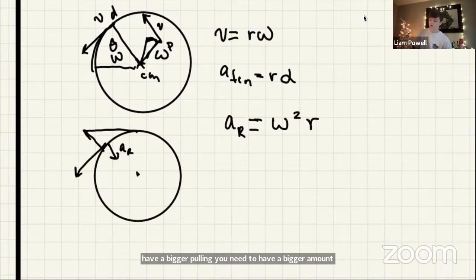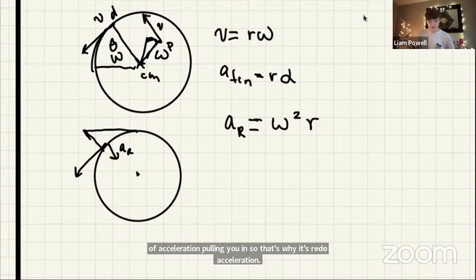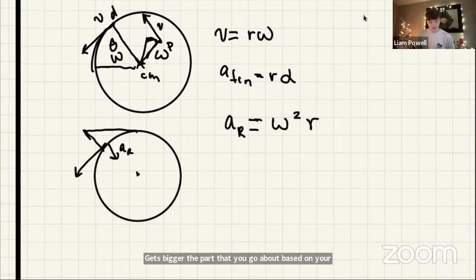That's why radial acceleration gets bigger the farther out you go, based on your radius. If the angular velocity of a rotating object changes, it has tangential acceleration, which we already talked about. If angular velocity is constant, each point has centripetal acceleration.